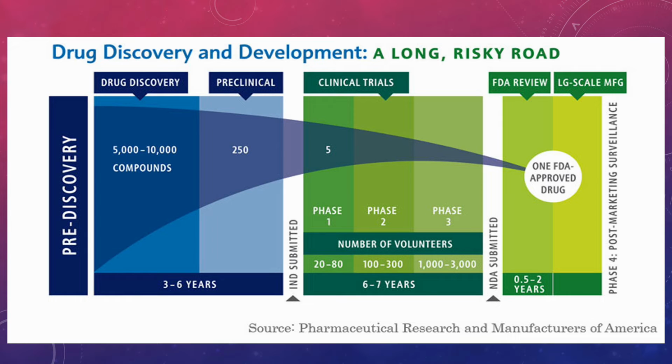So the most important aspect of this part in preclinical research is the rigorous safety test with the purpose of ensuring that the candidate drug is not toxic before it can go through clinical studies in humans. So altogether, this discovery phase and the preclinical phase can take 3 to 6 years.